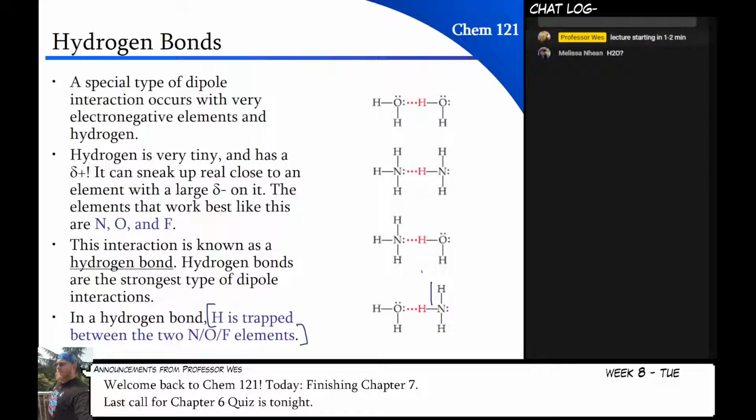So remember that H has to be bonded to one side, and it's got to be pointed at the electrons on the other side, since you can't make 2 bonds to hydrogen. But what we're trying to do is approximate that. If we could make 2 bonds to hydrogen, it'd be something like this, right?